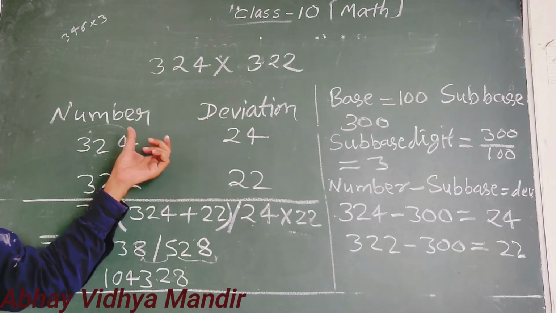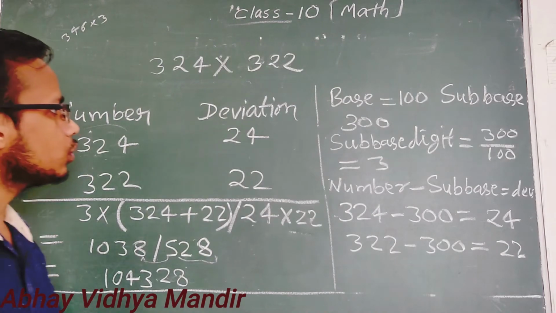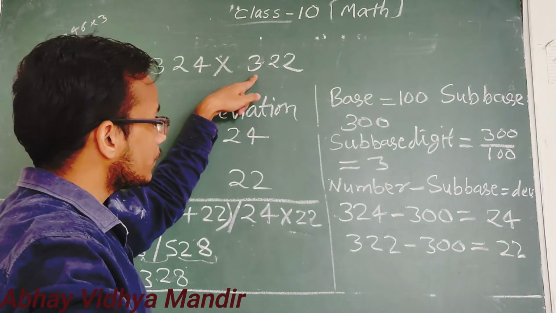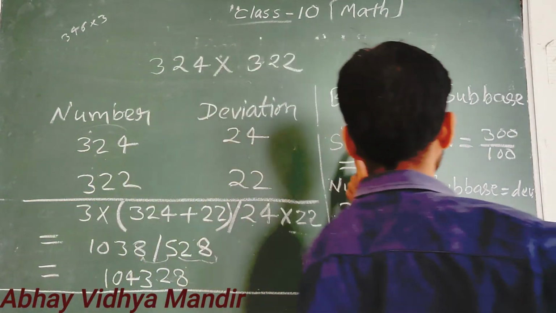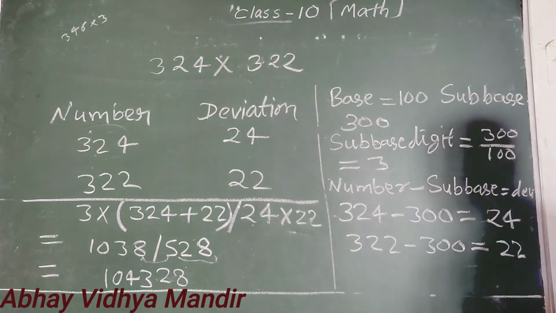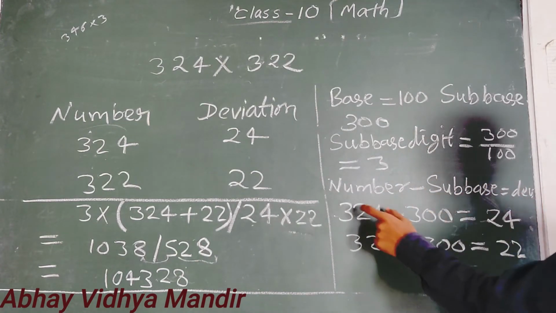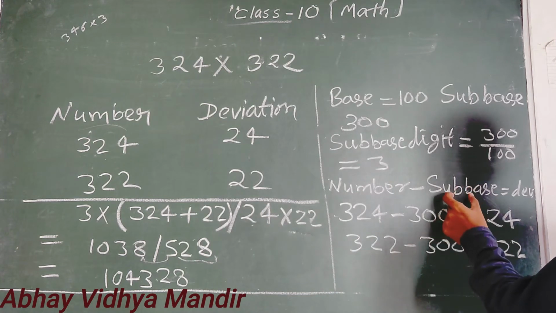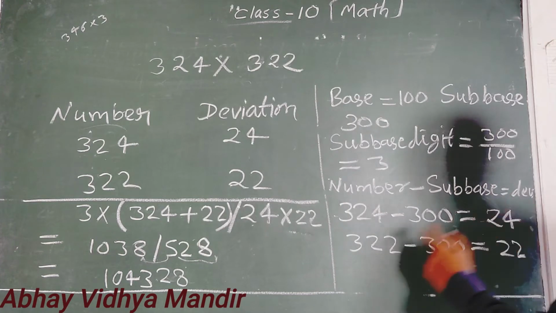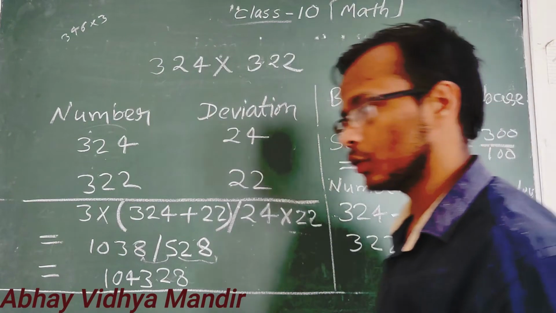First, what we did: first write the numbers 324 and 322, then write the base, the sub base is 300. Always remember that we take this number from here. Sub base digit is 300 upon 100, which is 3. Number minus sub base equals deviation. So number 324 minus sub base 300 gives 24, and 322 minus 300, the answer is 22.